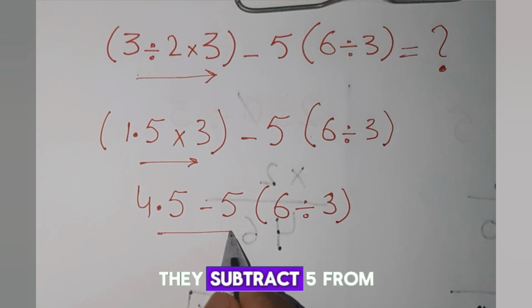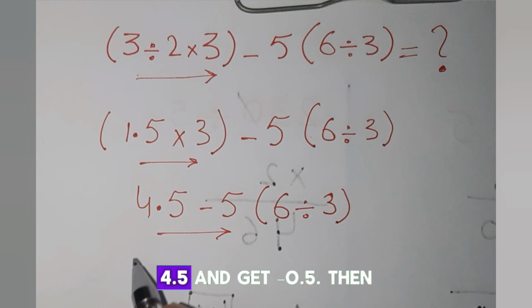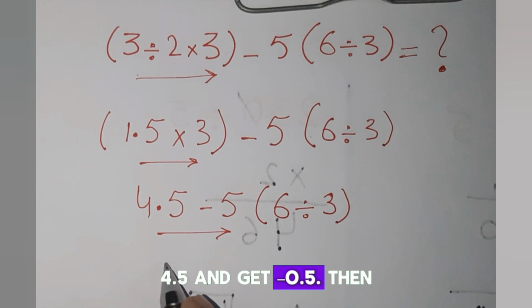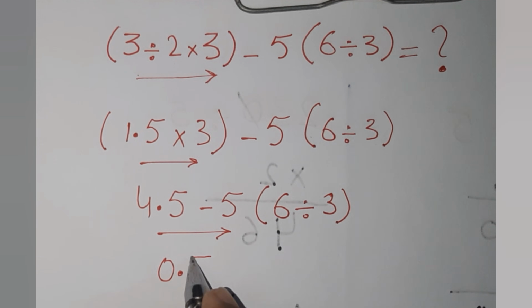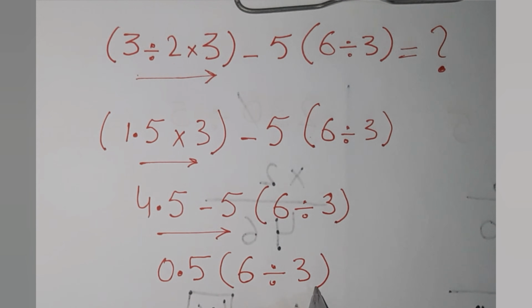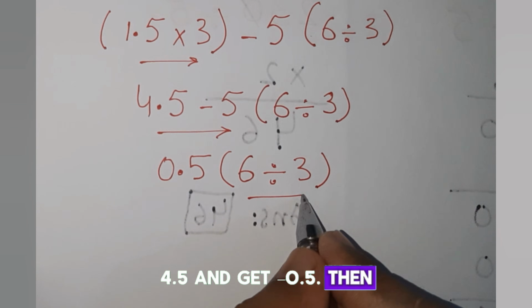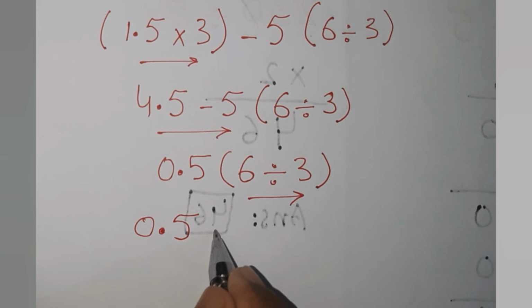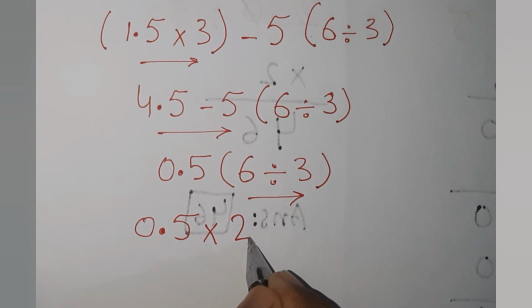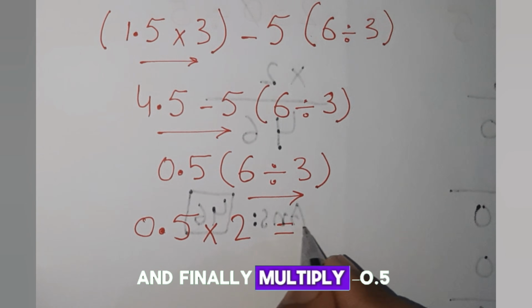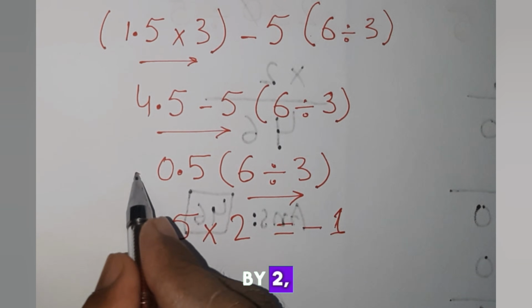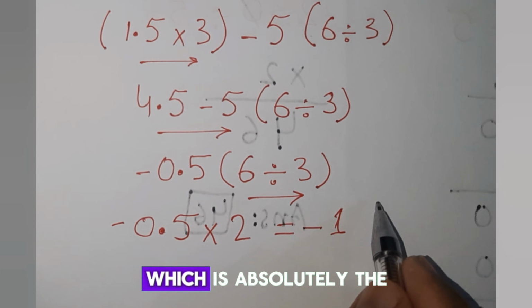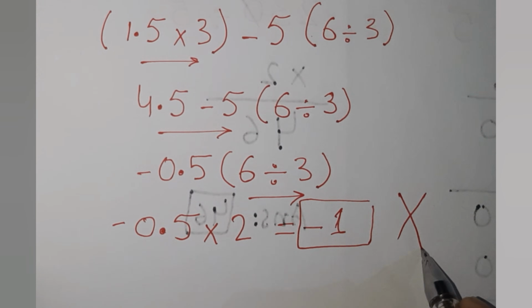After that, they subtract 5 from 4.5 and get minus 0.5. Then, they divide 6 by 3 and get 2. And finally, multiply minus 0.5 by 2, ending up with minus 1, which is absolutely the wrong answer.